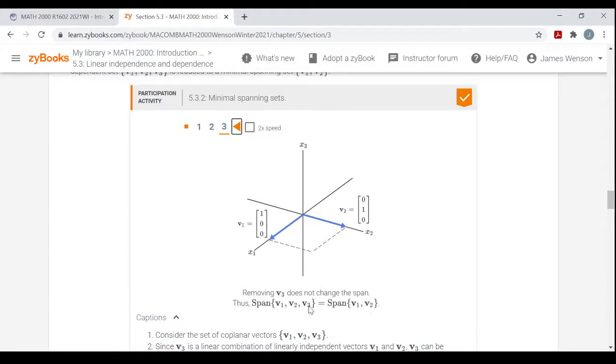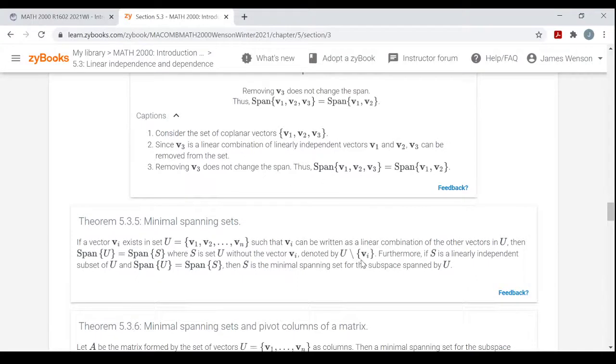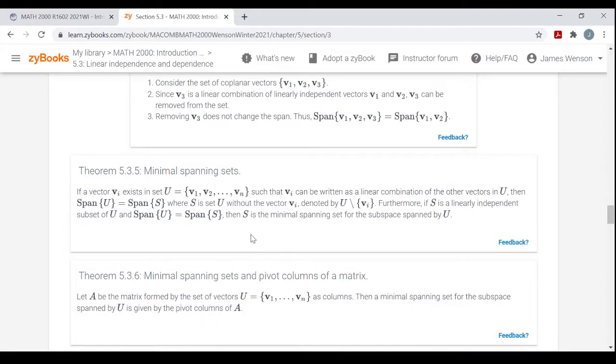So all the linear combinations of v1, v2, and v3 are just linear combinations of v1 and v2. So that's why they're saying the span of v1, v2, v3 is equal to the span of the vectors v1 and v2. And this is what we're going to be doing. Taking a set of dependent vectors and removing vectors until we have a set of independent vectors to form our span. And they talk about that here.